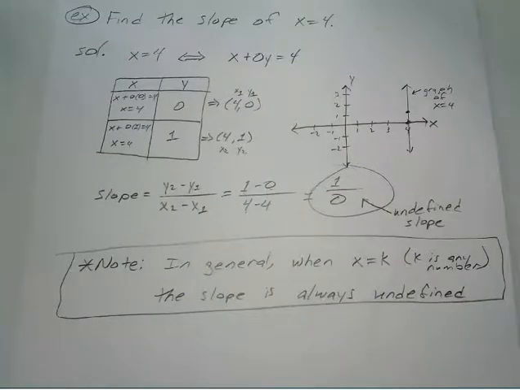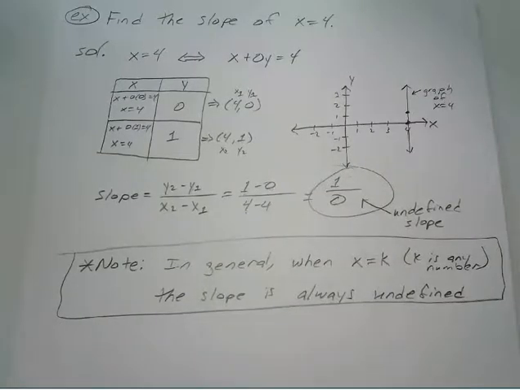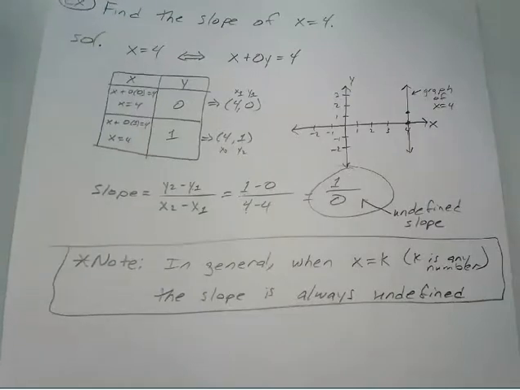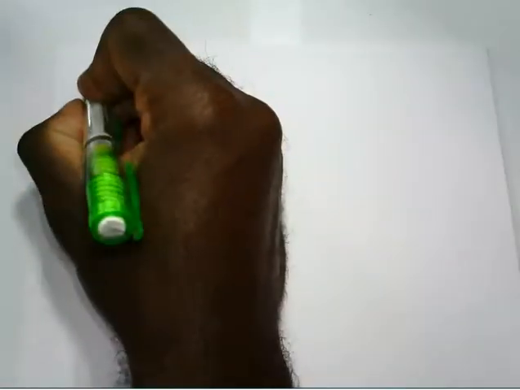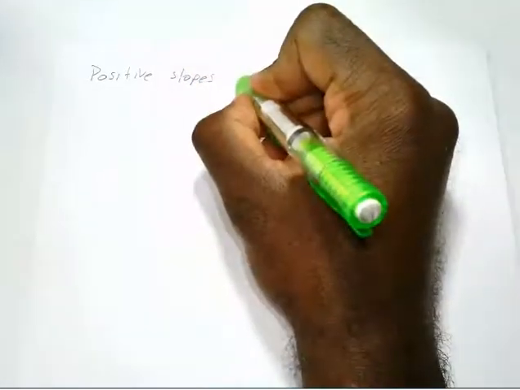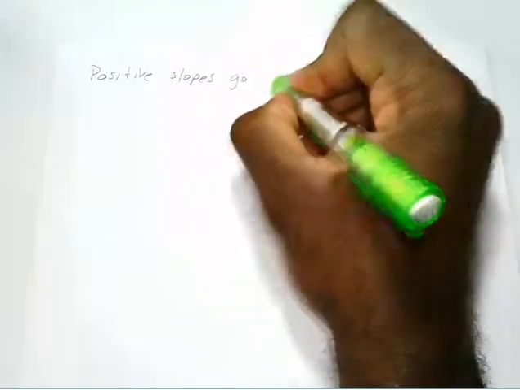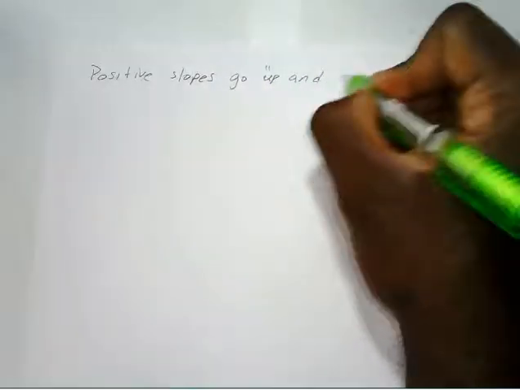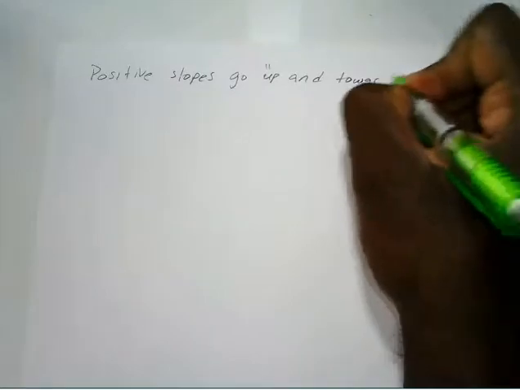Okay, so we're going to visualize our slopes here, and then that will be that. Oh, let me separate these. There we go. Okay. So we know that positive slopes go up and towards the right.